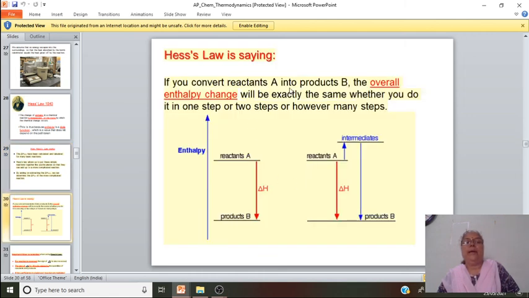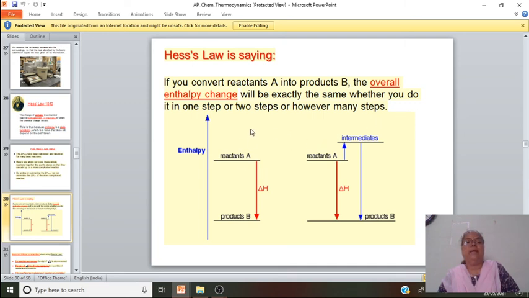If you convert reactant A into product B, then the overall enthalpy change will be exactly the same whether you do it in one step, in two steps, or in many steps.